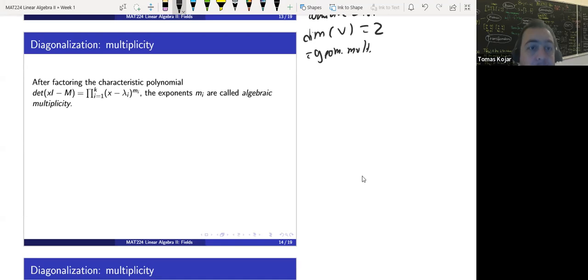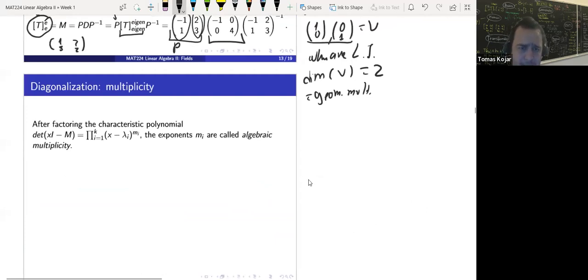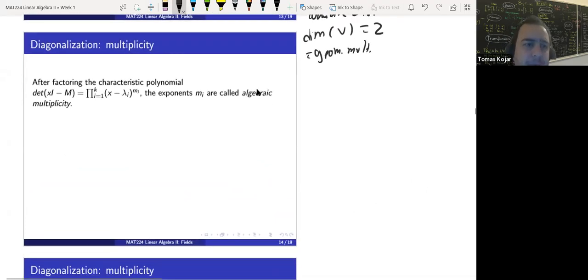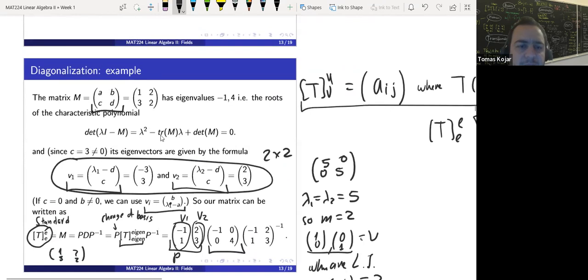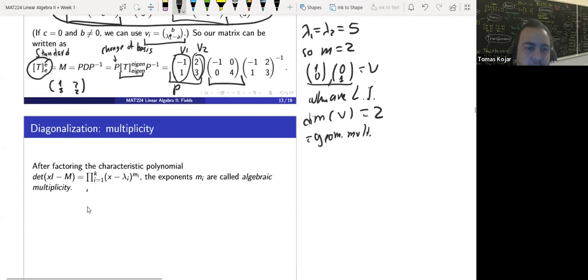Okay, so there's another criterion for diagonalizability, to make it easier for you to check that you don't have a diagonalizable matrix. Remember that we get our characteristic polynomial. In the 2x2 case, we had this nice formula with a trace and determinant, but your matrix could be arbitrarily big. So you have this product where k is less than or equal to n, the full dimension, with exponents m_i. These exponents are called algebraic multiplicity.